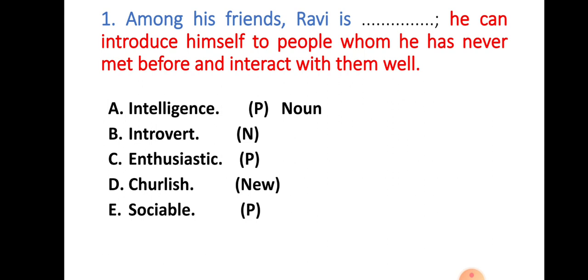Enthusiastic and sociable. Now, what you need to do is relate these two words with the hint word or a hint phrase or a hint sentence. See which of these two words is more similar, I mean more close in meaning, to the one that is given in the clue sentence.